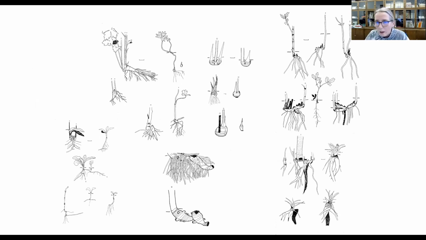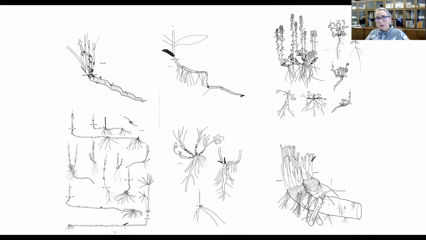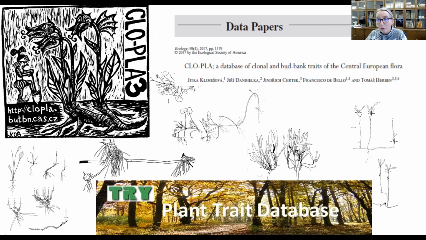So it may be a thick root, it may be a stem, it may be a bulb, which is composed of storage leaves, and it may be a root from which the plant may regenerate. All this diversity may be classified into, let's say, below ground growth forms or clonal growth organs, as we did in the CLO-PLA database.